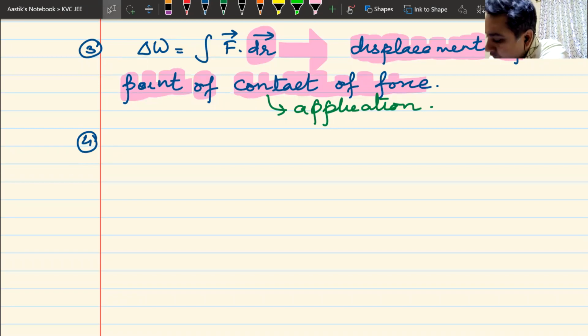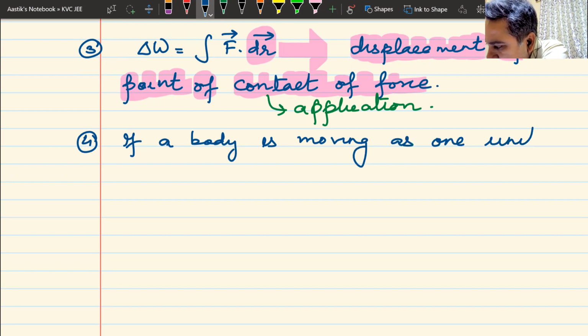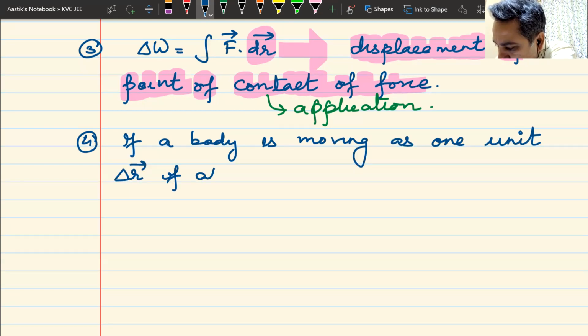See, if a body is moving as one unit, I hope you are also noting it down with me, if a body is moving as one unit, the displacement of all points is the same.